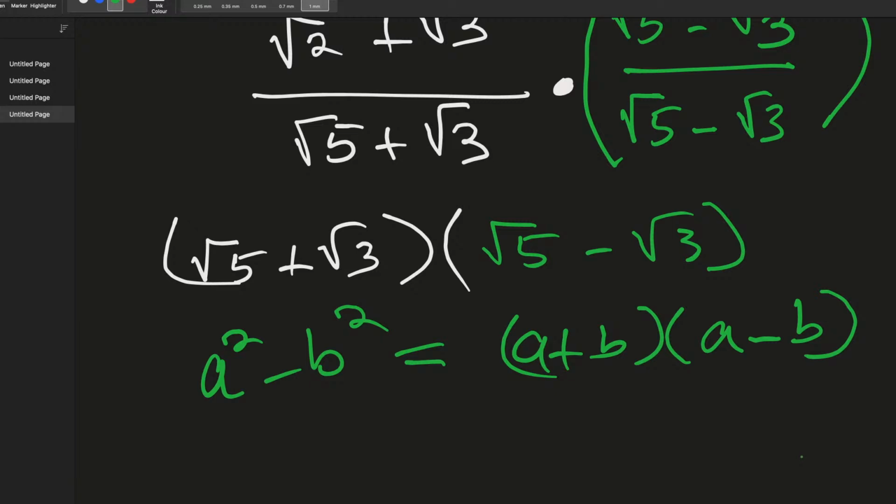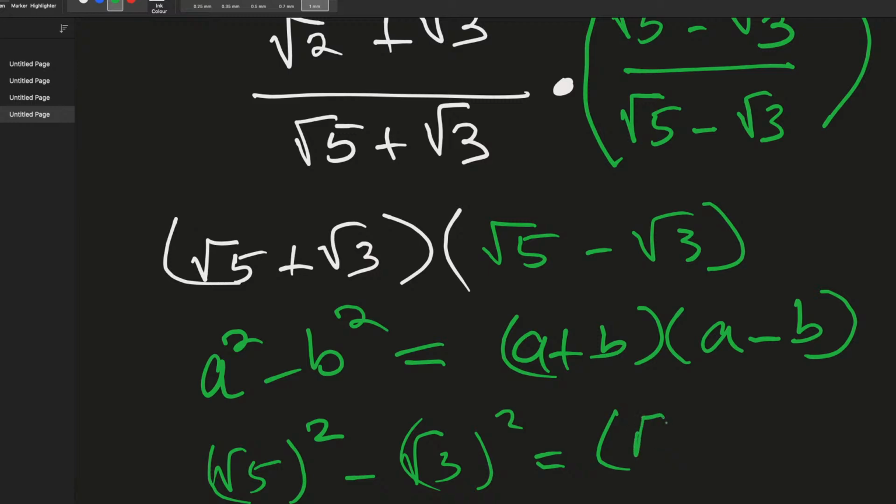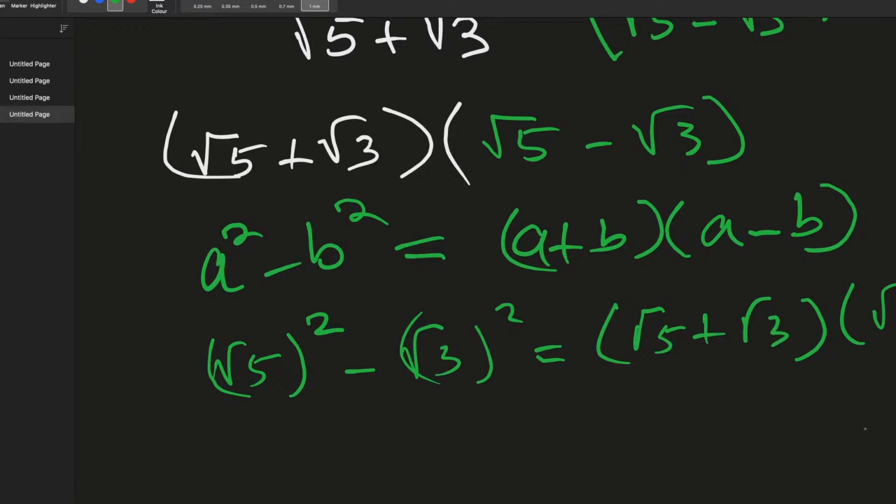In our root 5, it's going to be the square of the first one, the square of root 5 minus the square of root 3. So all we've got to do is to square both sides.